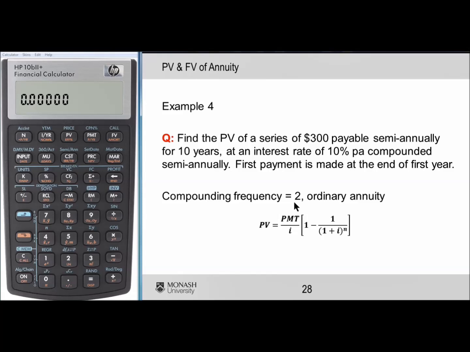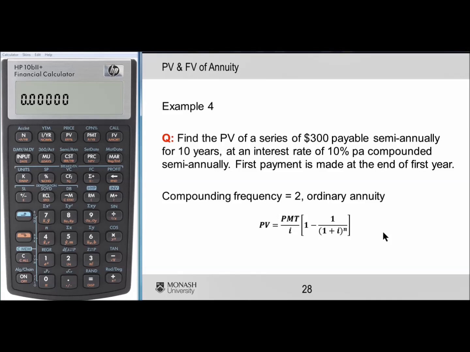In this case, by referring to the formula, we know that we need to adjust the interest rate by dividing the nominal interest rate by 2, and the number of periods by multiplying n by 2. In our calculator, as we mentioned before, we can solve this issue using two approaches.